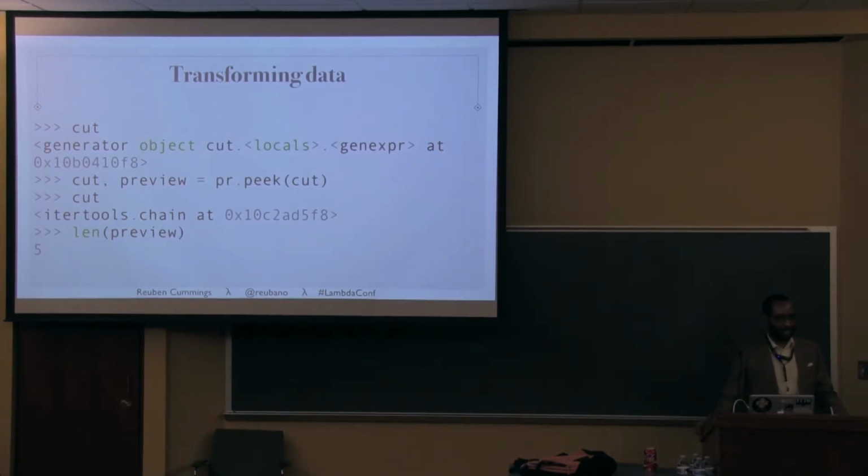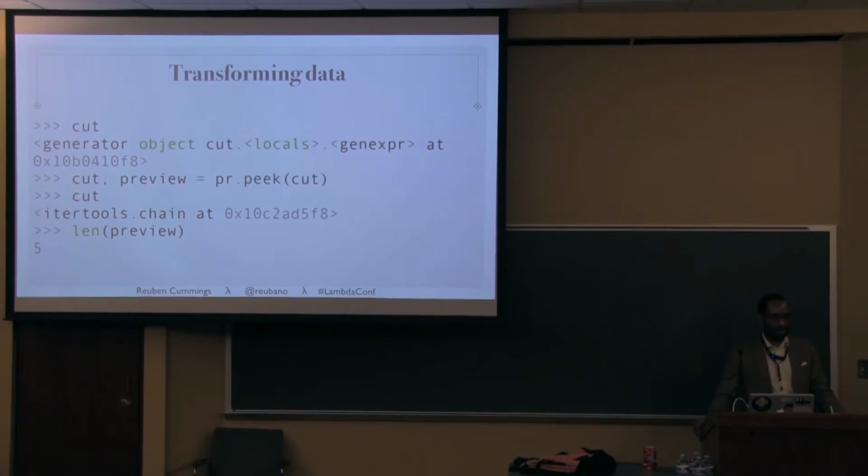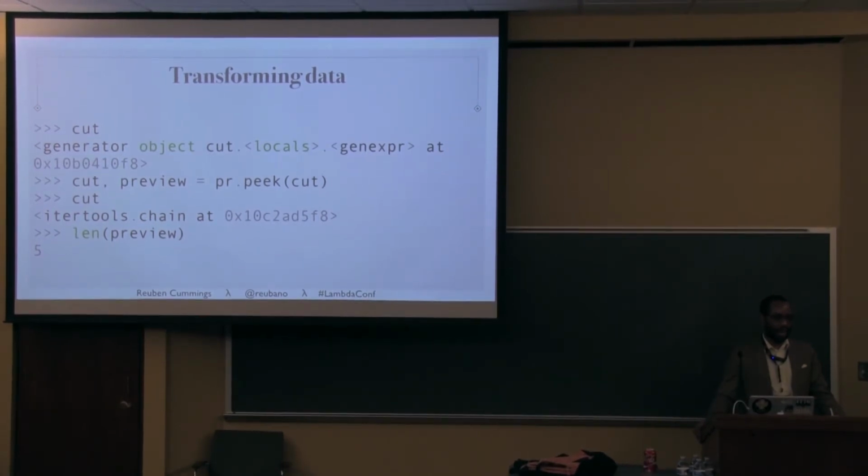It's like append for generators, but not exactly, because append modifies in place, whereas everything under itertools works functionally. Instead of modifying in place, it returns a new thing. Any other questions?